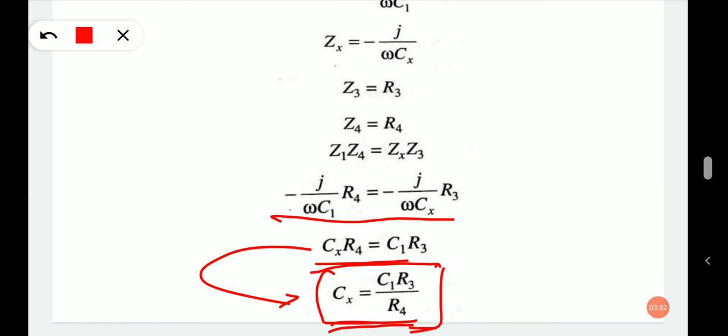Now consider that a resistance is connected in parallel or series with the unknown capacitance while the rest of the circuit remains the same. This combination is equivalent to the circuit of a leaky capacitor.